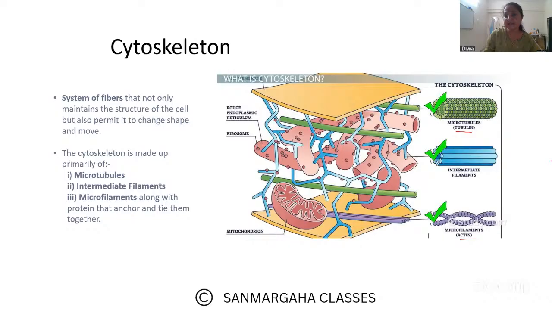These cytoskeletal components are also for anchorage, so that the cell will not collapse or change its position as and when it likes.